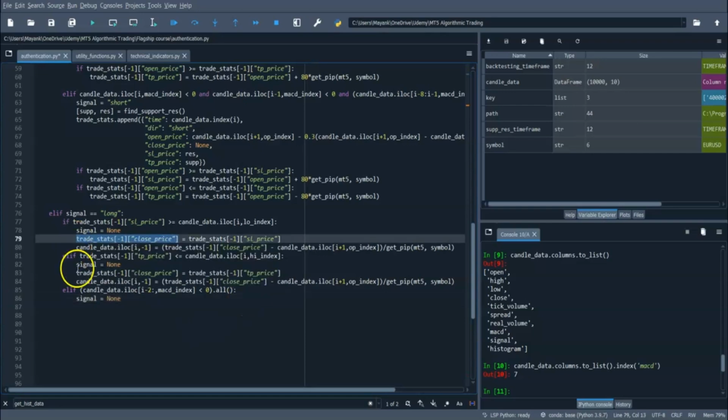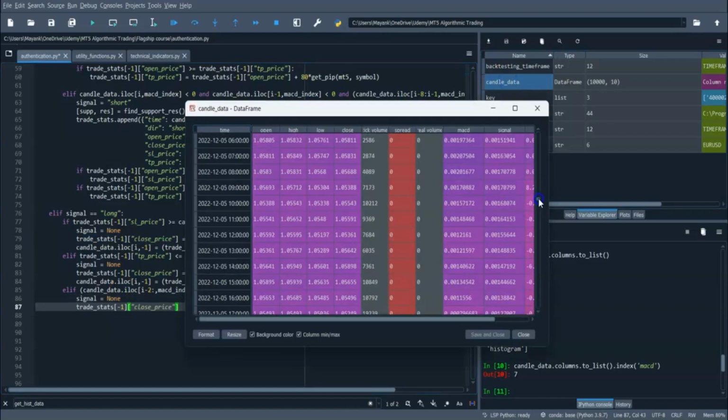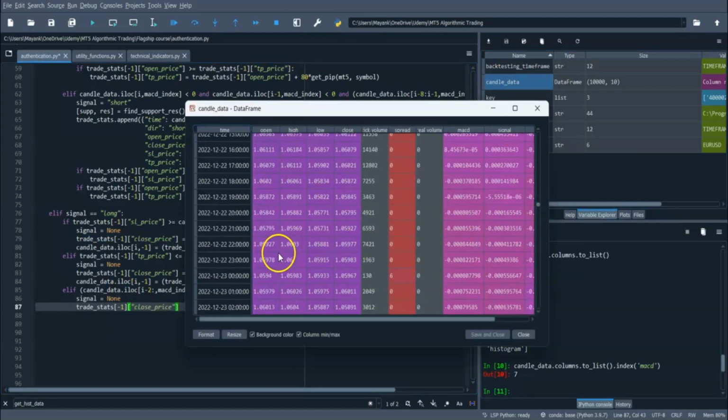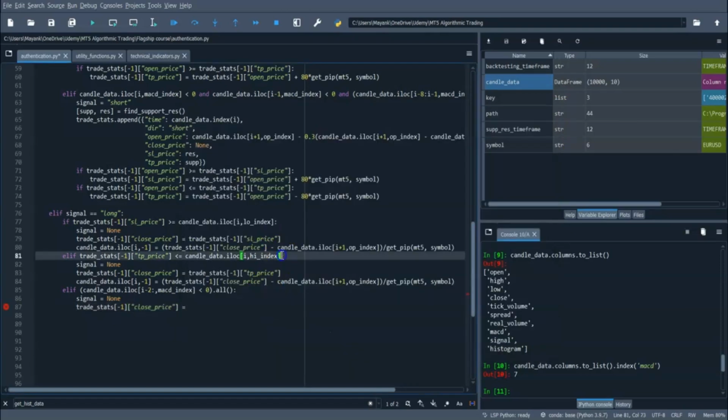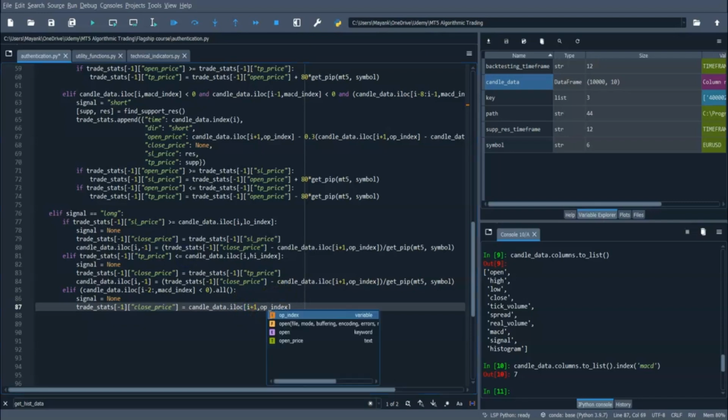The close price in this case would be a bit tricky. So think about it. Let's say here we find out that the third MACD value is negative for a long signal. So what you'll do is that in the next candle, you will close out. So whatever the open price plus some slippage would be the close price. All right. So it would be candle data iloc[i+1] open price index.